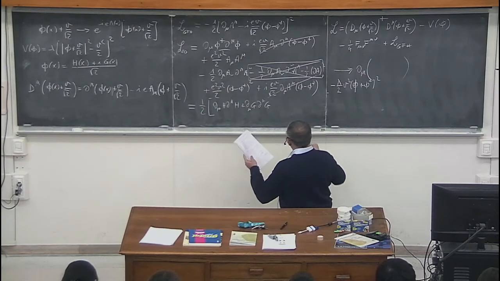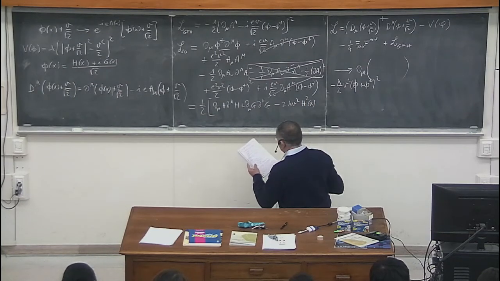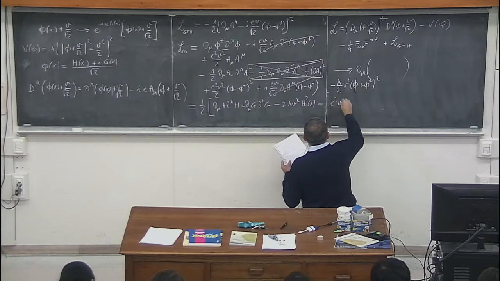Then I have mass terms, minus 2 lambda v square h of x squared, minus e square v square g of x squared.